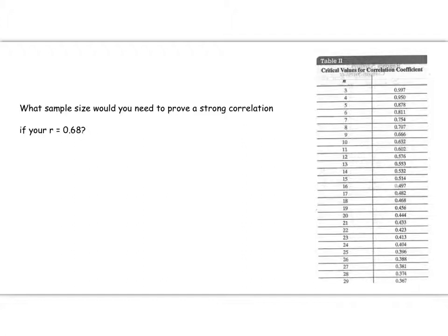Okay, so we need the absolute value 0.68 to be greater than the critical value. I come down here, it's less than 0.707 but greater than 0.66. So greater than 0.66 would be a sample size of 9.